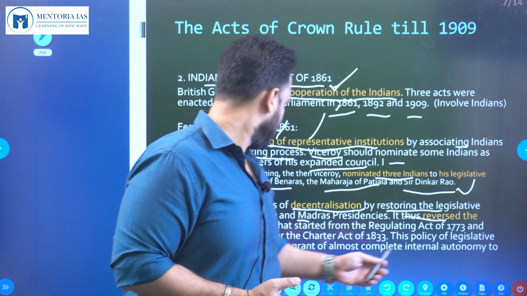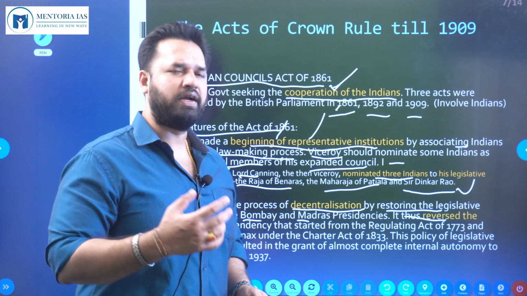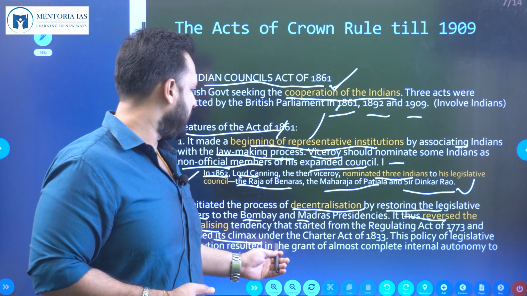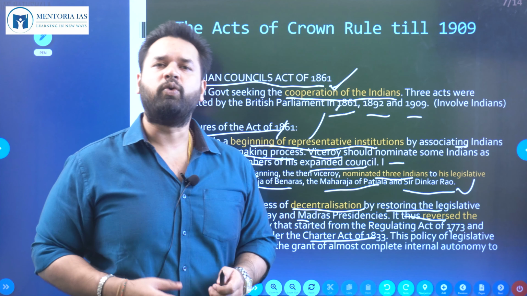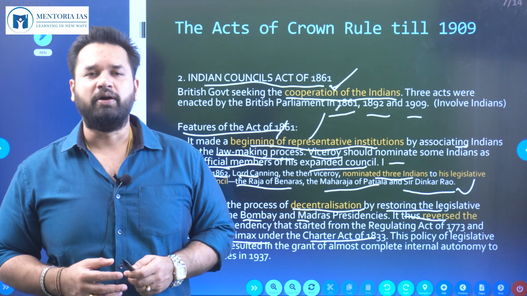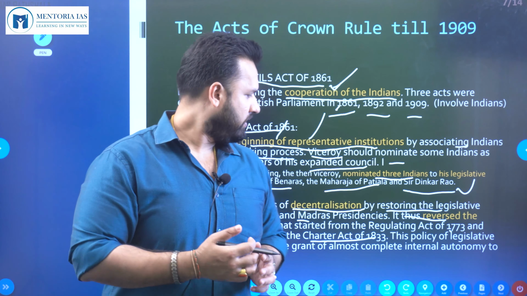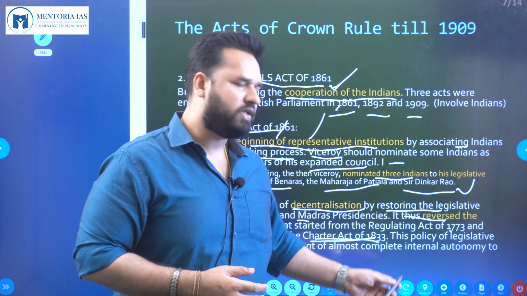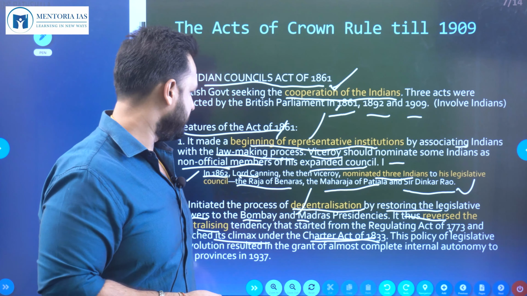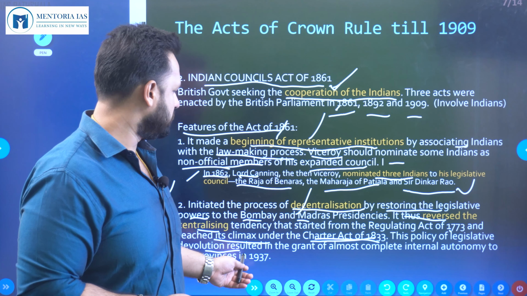It thus reversed the centralizing tendency which started in the Regulating Act of 1773 and reached its climax under the Charter Act of 1833. What happened in 1773? The Governor of Bengal became Governor General of Bengal, and in the Charter Act of 1833, the Governor General of India was nominated. That is how the devolution started.